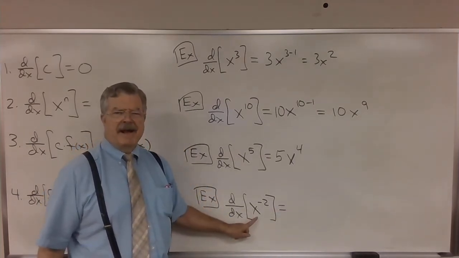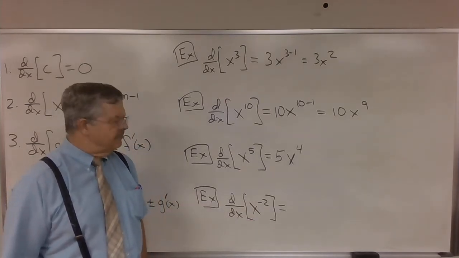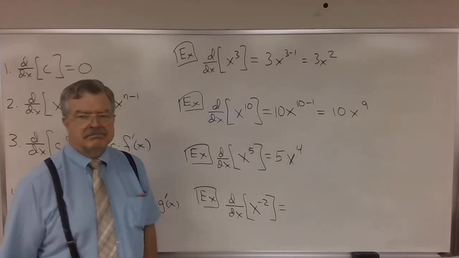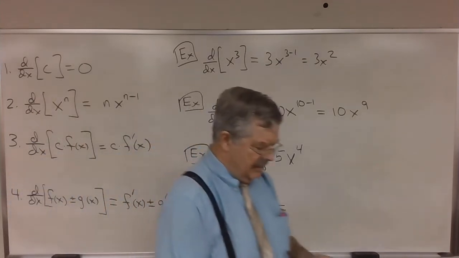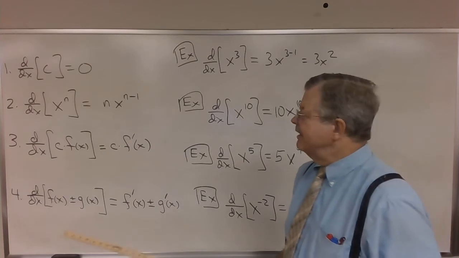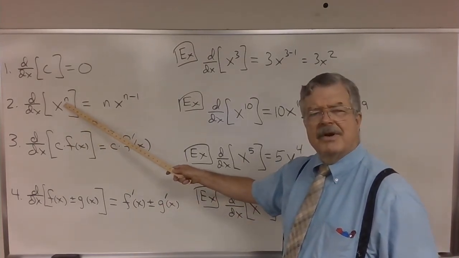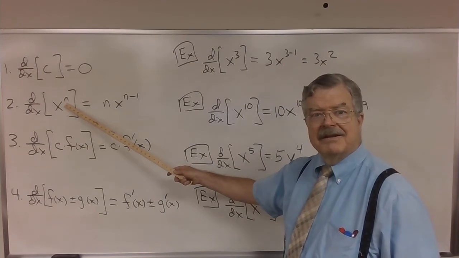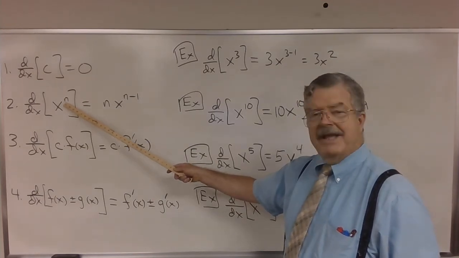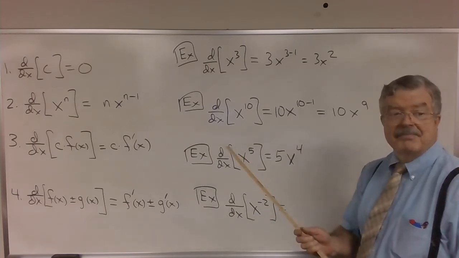Well, wait a minute now. Should that work for negative exponents? Earlier on, I did say that this power rule would work even if the exponent were a ham sandwich, right? If it'll work for a ham sandwich, it'll work for a negative exponent.